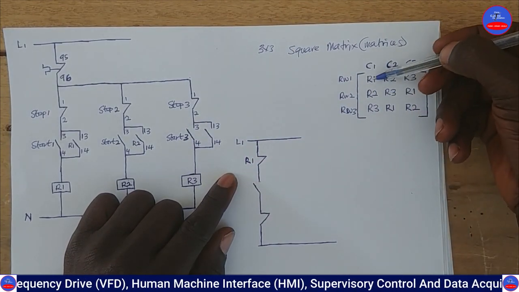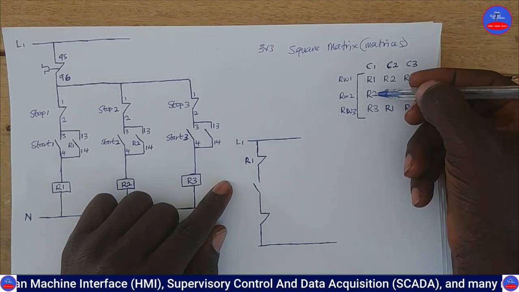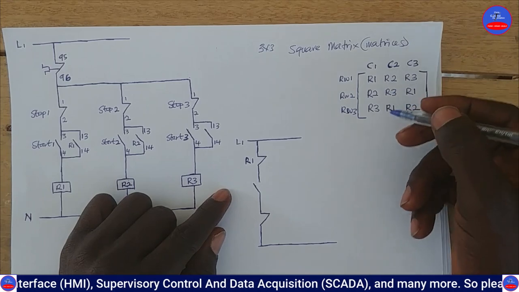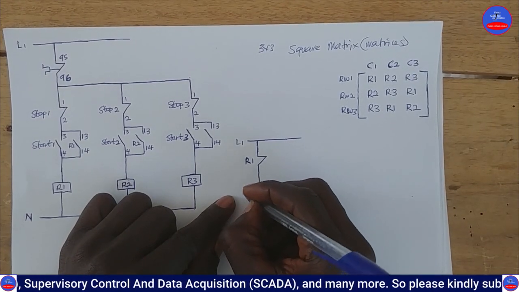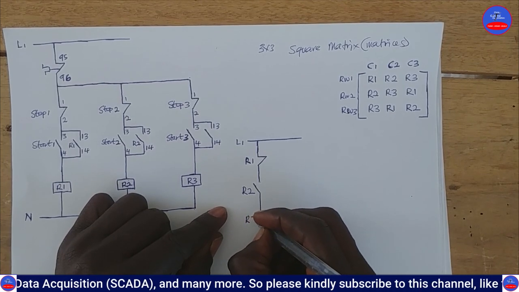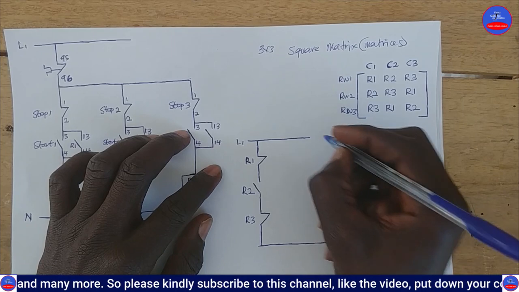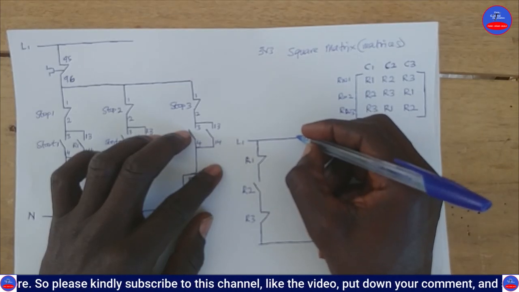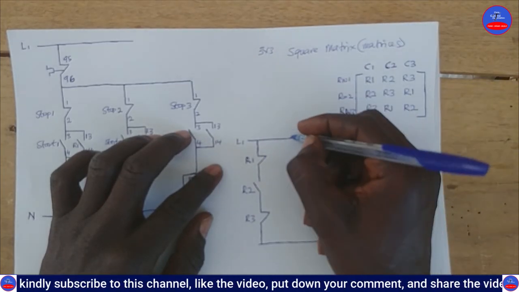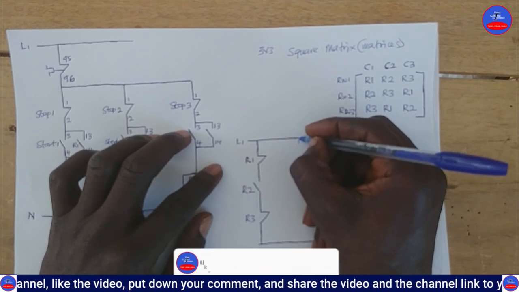For column 1, this side will be R2, this side will be R3. Let's come to this side. You see, you draw the same thing, normally close.